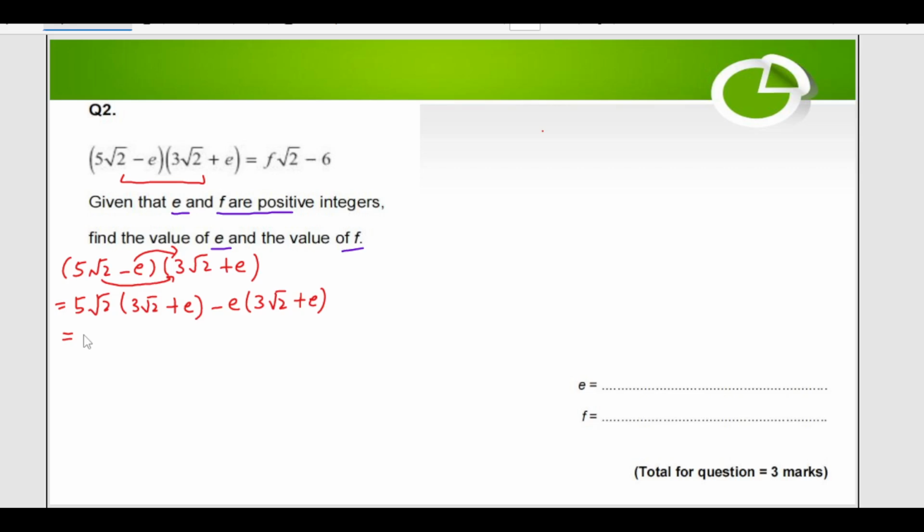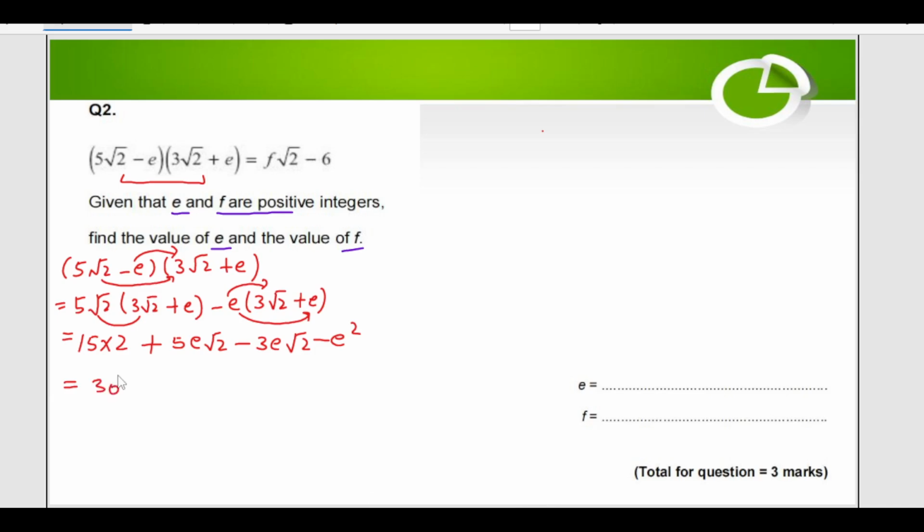So 5 times 3 is 15, then root 2 times root 2 is 2, right? So we have solved this one. Then the second term, plus e times this, is 5e√2. Then the other one is minus, we have a negative sign here, so it is 3e√2, and then again e will be multiplied here. It's just expanding the brackets, nothing else, right?